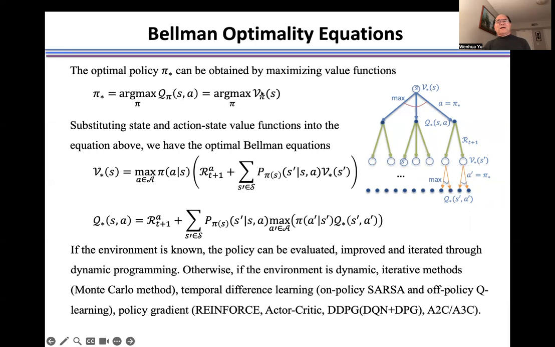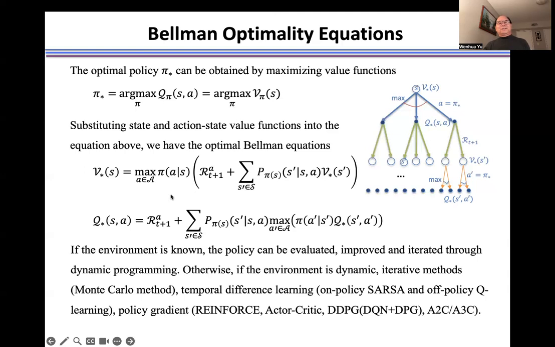And also we can find the pi that makes this V function maximum. The pi that makes this maximum is our optimal policy pi. So from here we can get the optimal policy pi. Then, if we substitute the Q value here and the V value here, we get another specific Bellman equation, called the optimality Bellman equation.